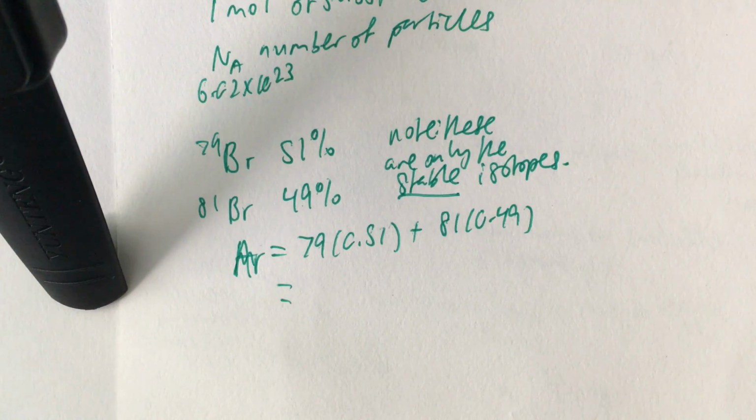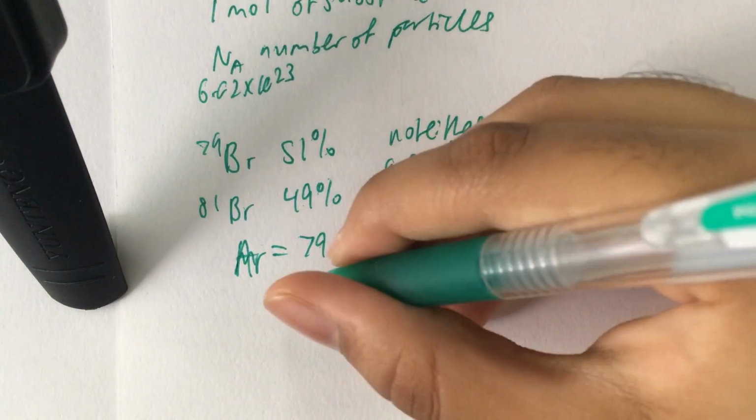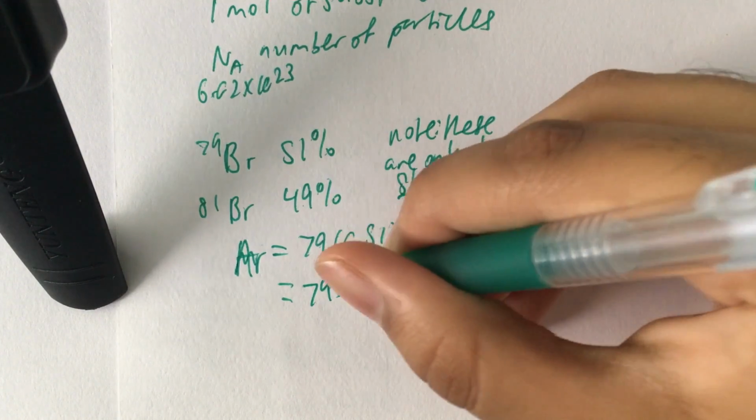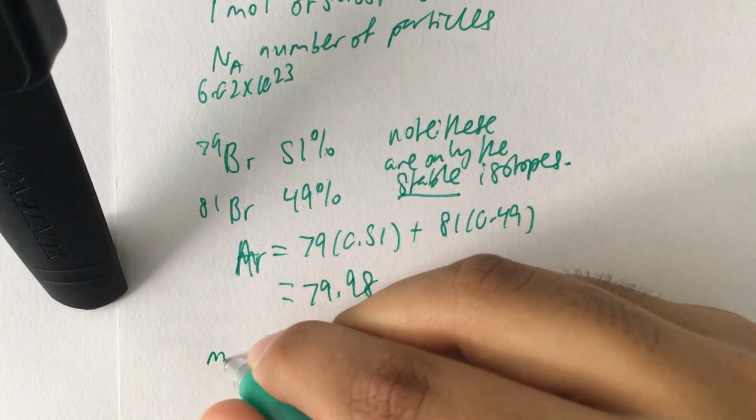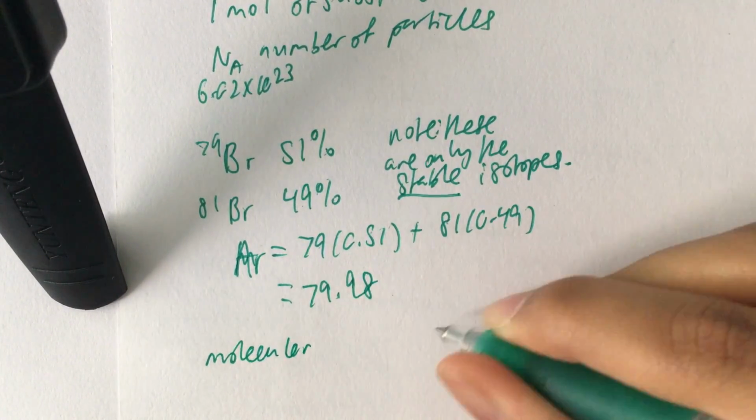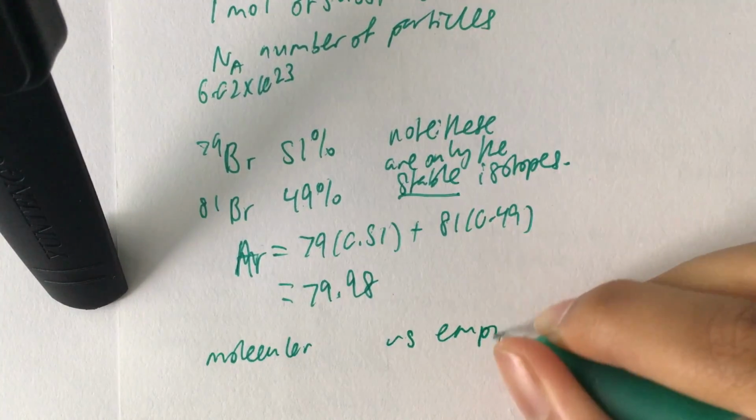So the next one, empirical and molecular formula. The empirical formula is the ratio, whereas the molecular formula is the actual formula of that thing. So if you have CO2, it is CO2; NH3 is NH3; Al2Cl6 is Al2Cl6, whereas the empirical would be AlCl3, for example.